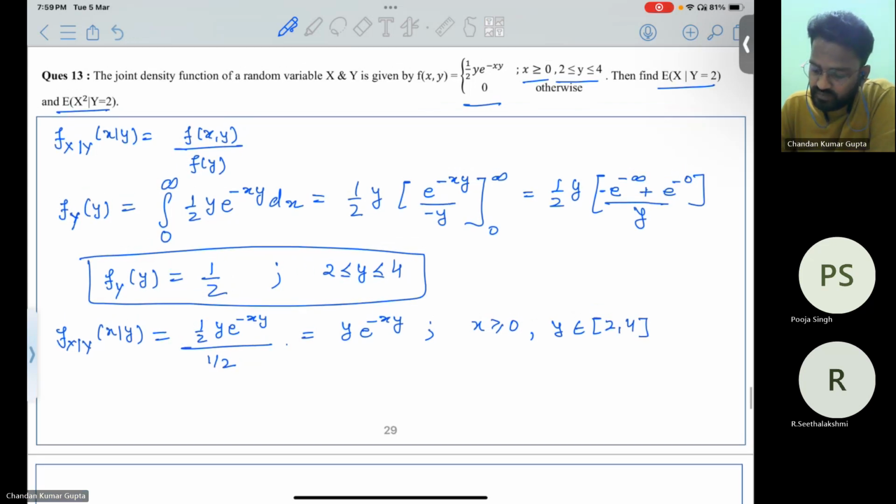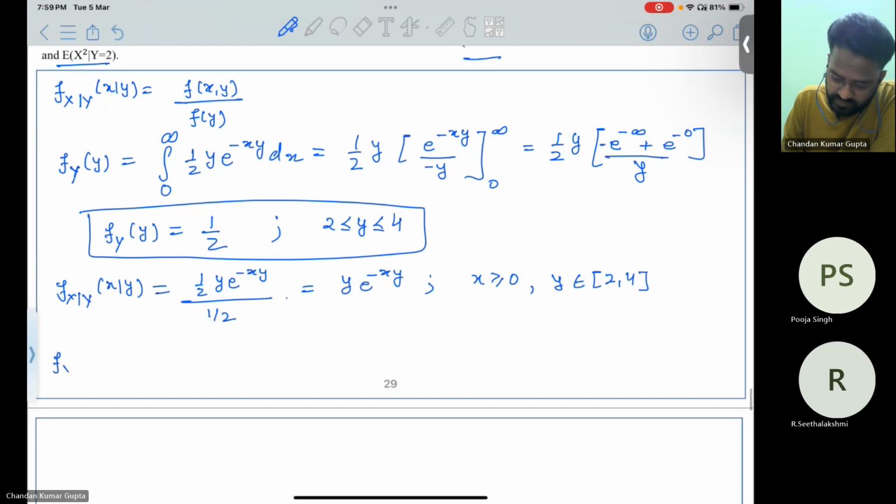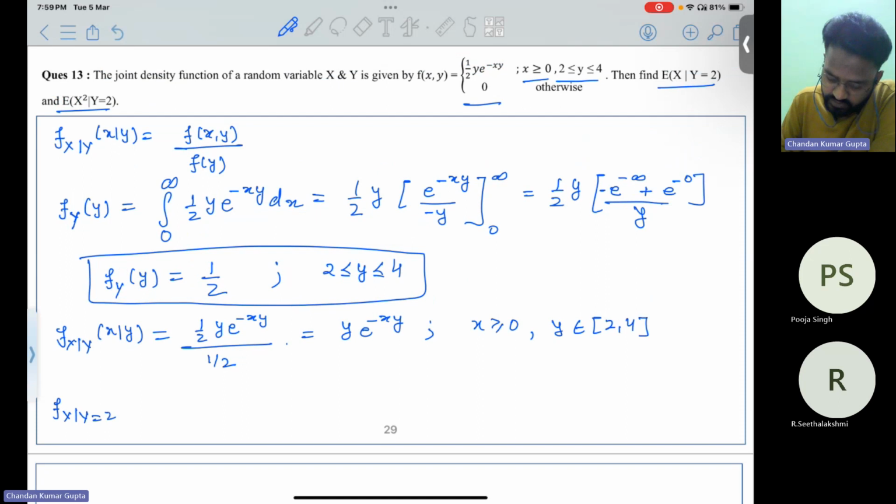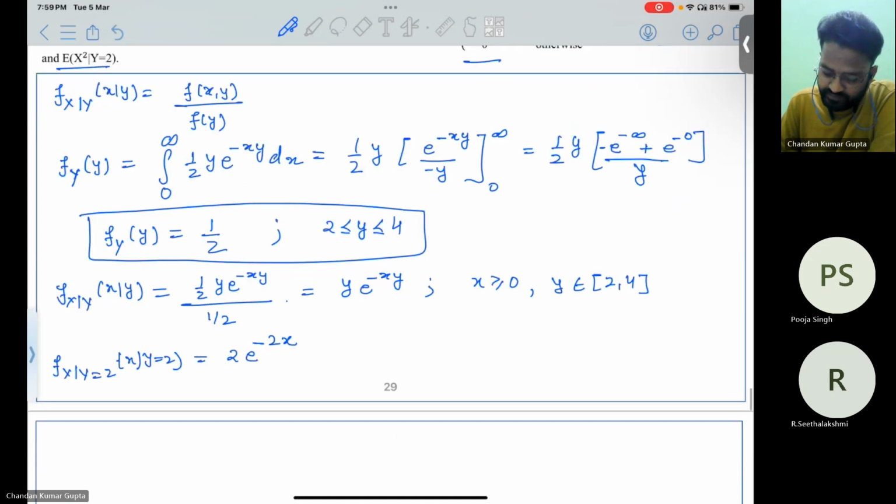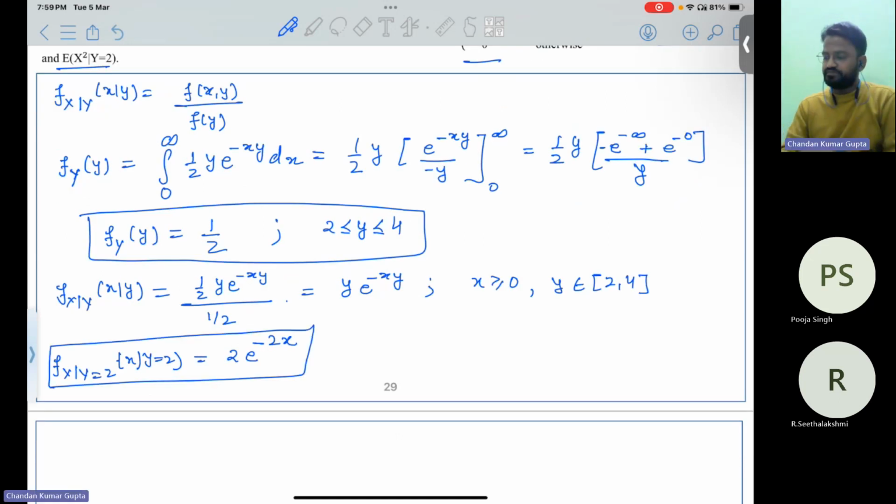Okay. So f(x|y), we need to calculate for y equal to 2. That means 2 e to the power minus 2x. Okay.